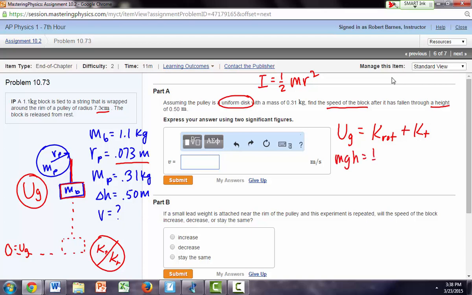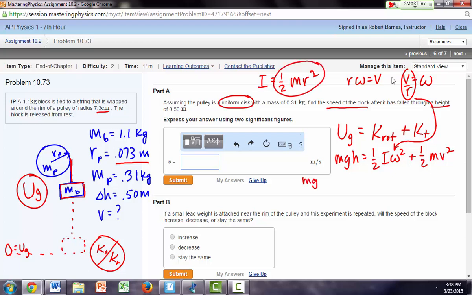MGH equals 1/2 I omega squared plus 1/2 mv squared, same as in the last problem. I'm going to substitute in v over r, and I'm going to substitute this in for I. So mgh equals 1/2 times 1/2 m r squared times v over r, quantity squared, plus 1/2 mv squared.